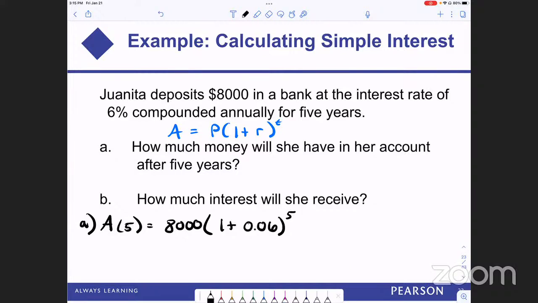Hey Siri, what's 8,000 times 1.06 times 1.06 times 1.06 times 1.06 times 1.06? 8,000 times 1.06 times 1.06 times 1.06 times 1.06 times 1.06 is about 10,705.8046. Okay, let me see. So if we round to the nearest cent, we're going to say 80 cents. I think this is what she said.